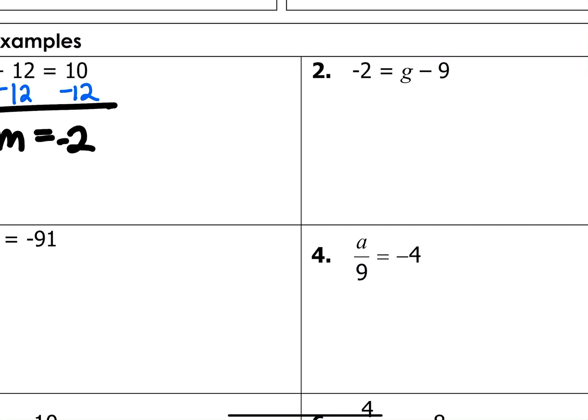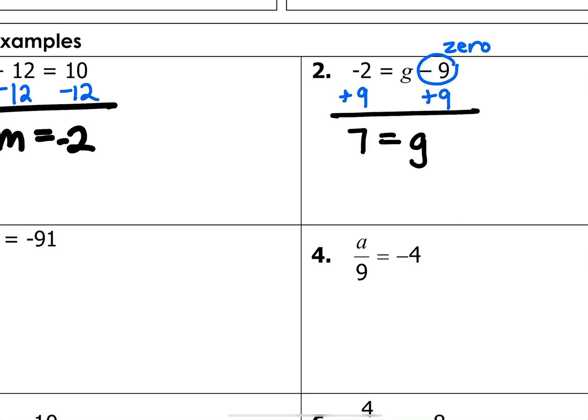I need that to become 0. So negative 9 has to become 0. That's the goal. So I'm going to add 9 to each side. G equals 7, or 7 equals G.